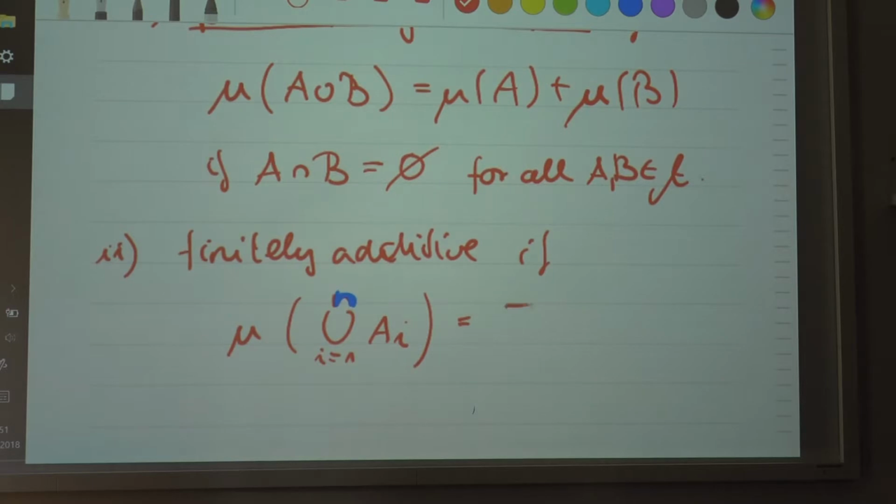So we have a finite sum, where i goes from 1 till n, of course, and n is finite.